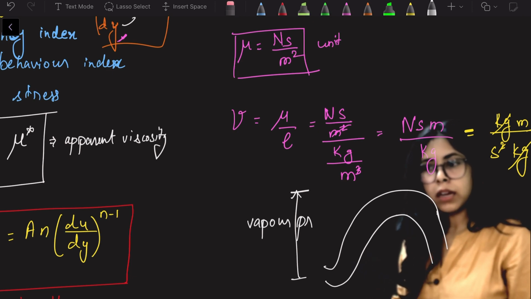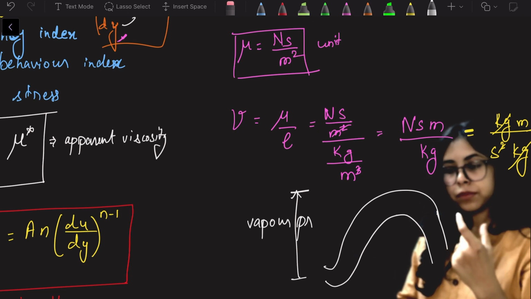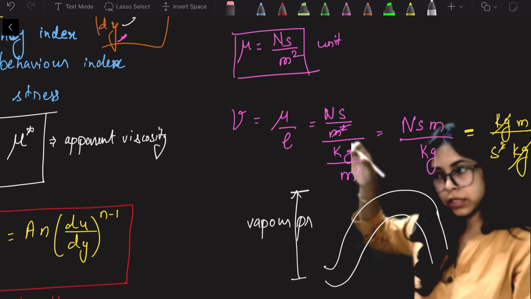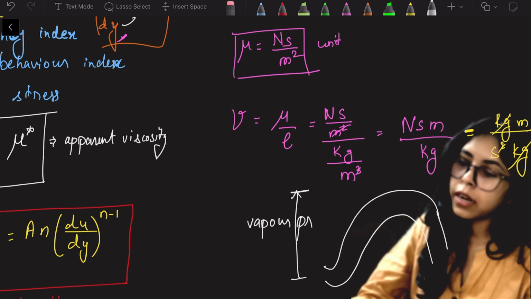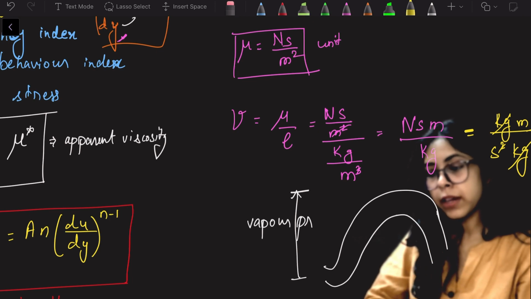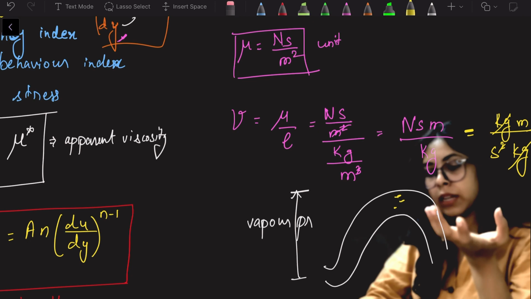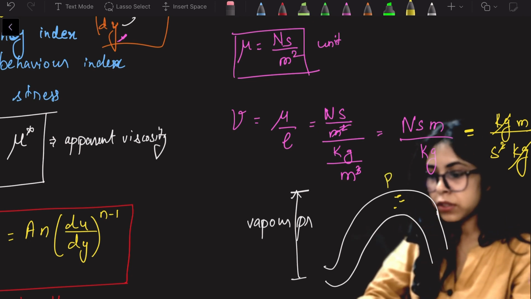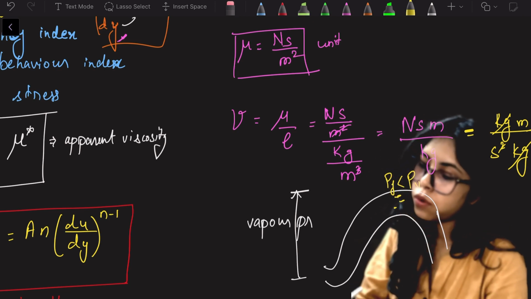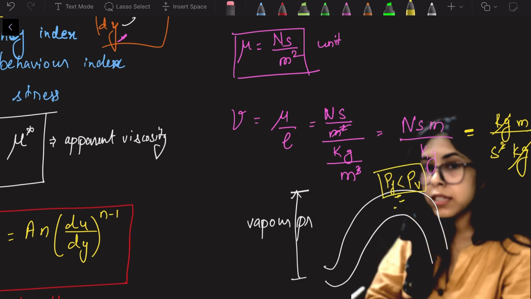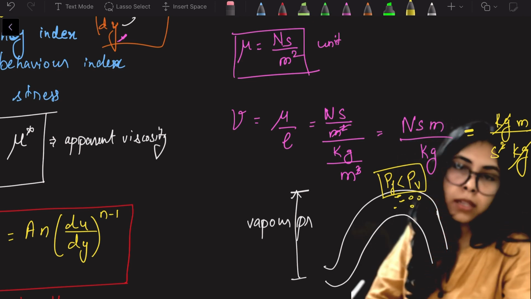When the pipe goes vertically upward at some point, the pressure of the fluid at this particular point can sometimes get less than the vapor pressure. If the pressure is less than vapor pressure, fluid will vaporize. So fluid vaporizes and becomes bubbles here.